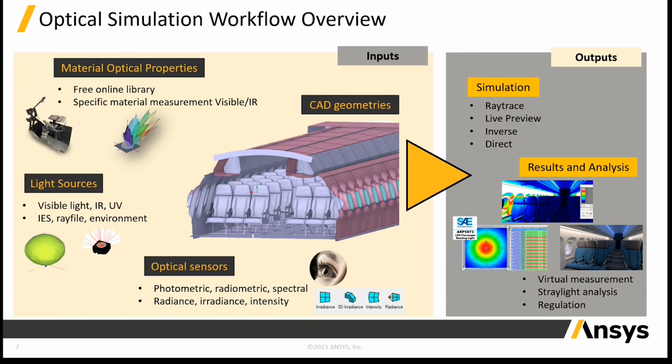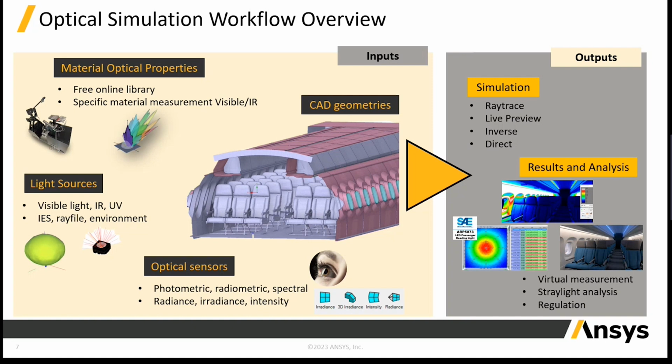And as I mentioned before, for this we provide our free online library. And you can use them, or you can also use specific material measurements or create customized materials from a datasheet.